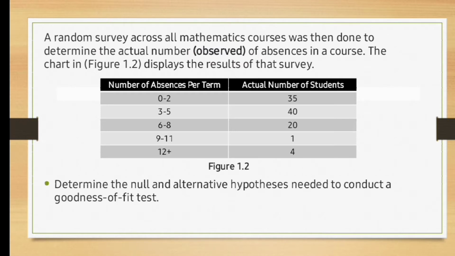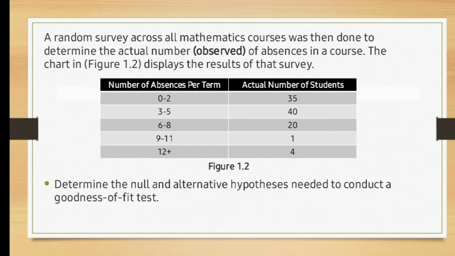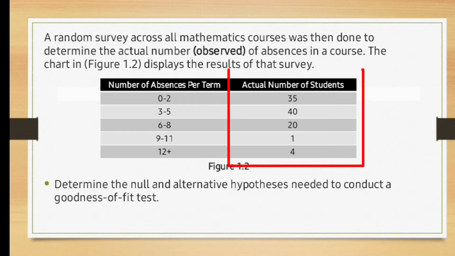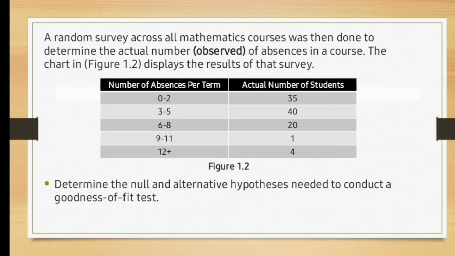The chart in figure 1.2 displays the results of that survey. Again, we have here in our table the number of absences per term and the actual number of students. Now, our question here is to determine the null and alternative hypothesis needed to conduct a goodness of fit test.